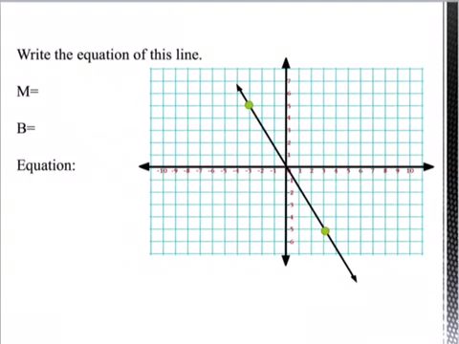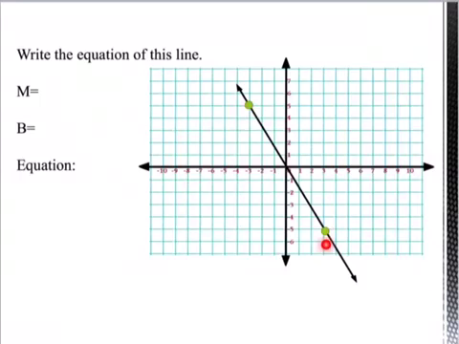Let's look at a graph here and try to write the equation from this line. First, let's find our slope, or our m value. We want to start with our leftmost point, which will be this one, and we want to count to our right point, which is right here. First we need to go down.